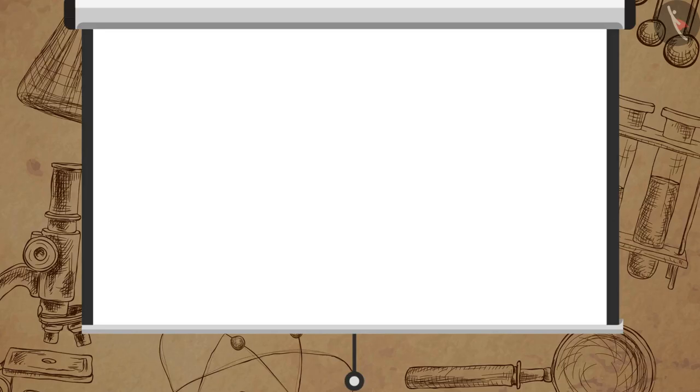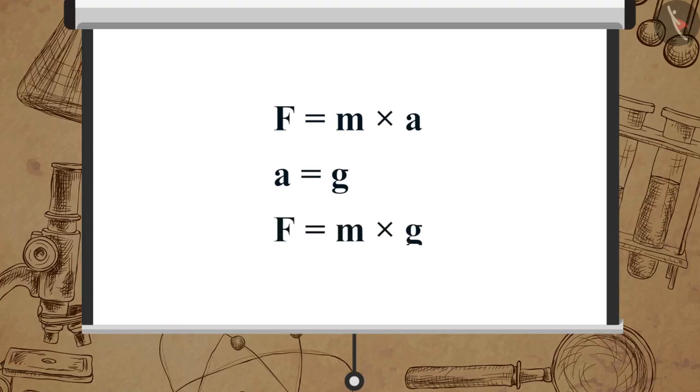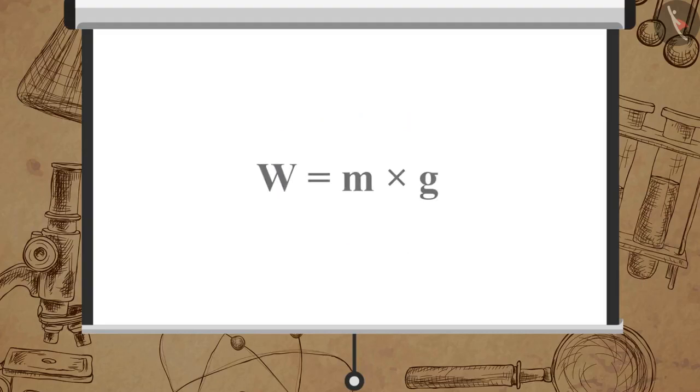As we have learned, force is equal to mass multiplied by acceleration. Here, the acceleration is the acceleration due to gravity. Therefore, F is equal to m multiplied by g. Denoting the weight by W, we can write the previous equation as W is equal to m multiplied by g.